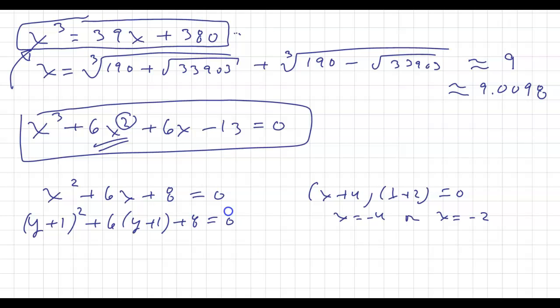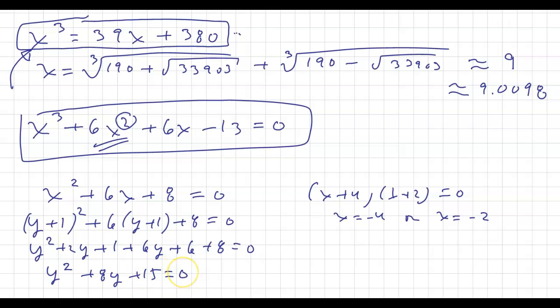Well, that equation looks like it's harder than the original one. And I don't know if it's harder, but it is just as hard, because if I work this out, this new equation, y squared plus 2y plus 1 plus 6y plus 6 plus 8 equals 0, simplifies to y squared plus 8y plus 15 equals 0.